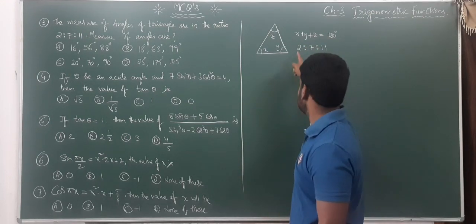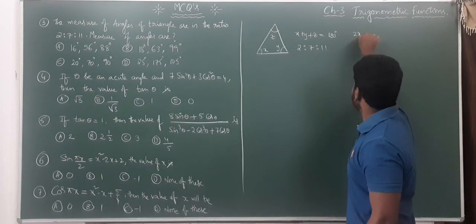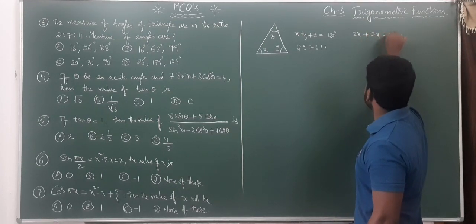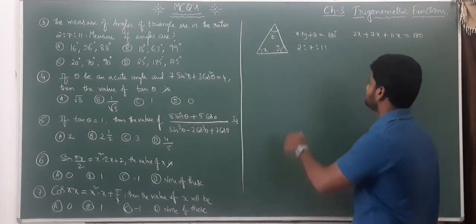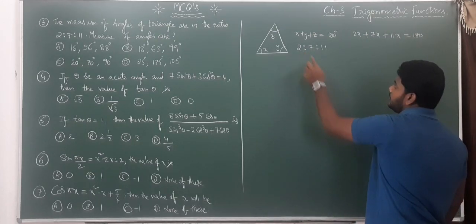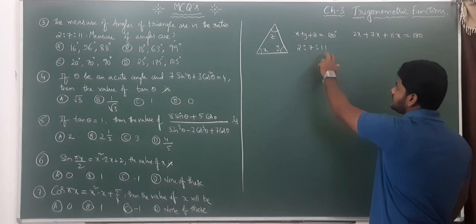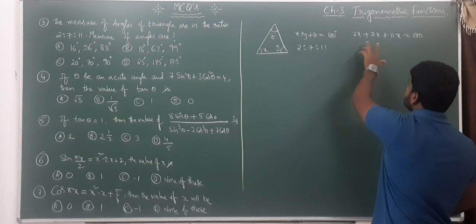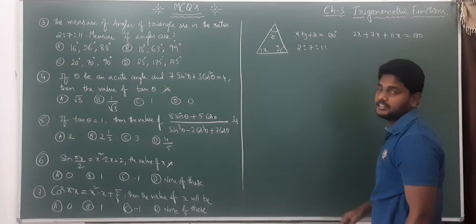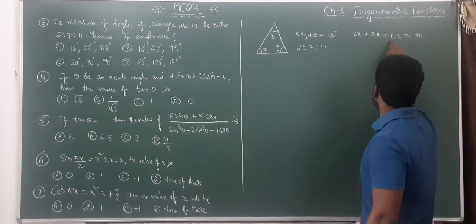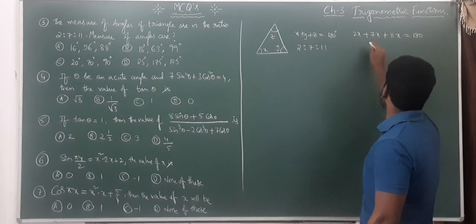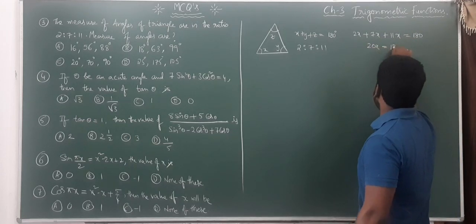Now what will I do? I will consider this as 2x plus 7x plus 11x is equal to 180. Why? Because they are in ratio, so 2 into some x, 7 into some x, 11 into some x. The sum of these three angles is nothing but 180 degrees, right? This is 2 plus 7, 9x plus 11x, which is 20x is equal to 180.